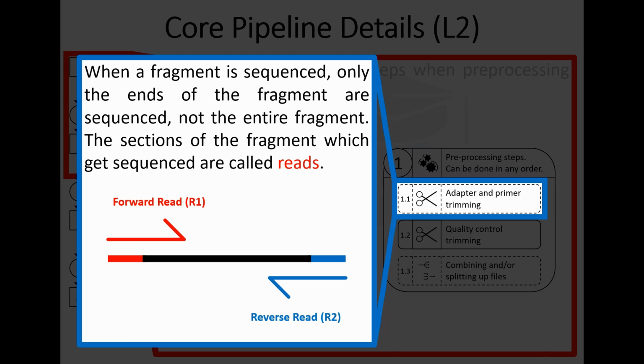In single-end sequencing, only one end of the fragments is sequenced, resulting in one read per fragment, while in paired-end sequencing, both ends of the fragment are sequenced, resulting in a pair of reads per fragment. These reads are designated R1 and R2 for the forward and reverse reads respectively.